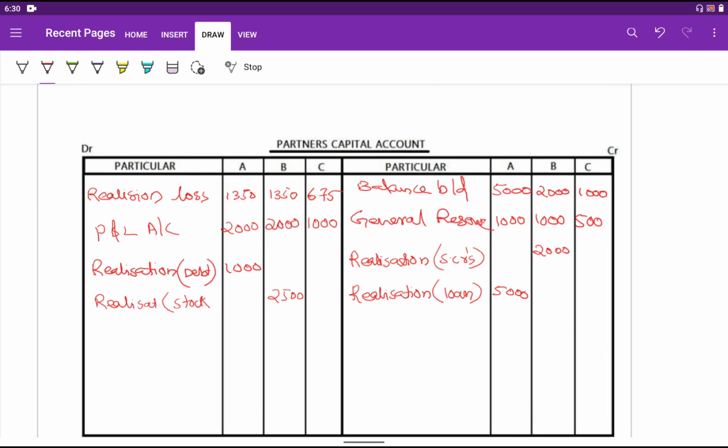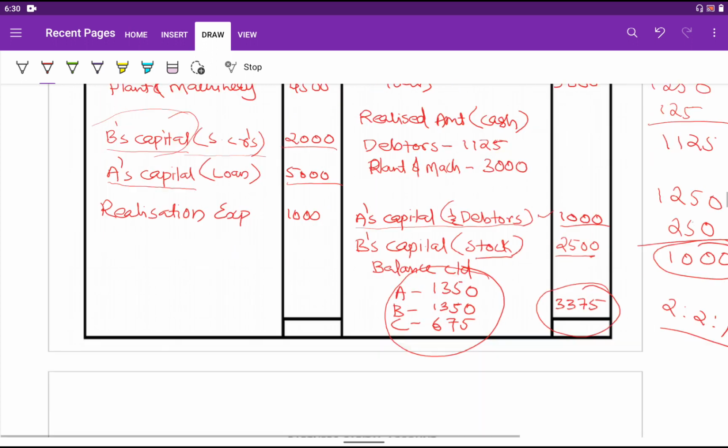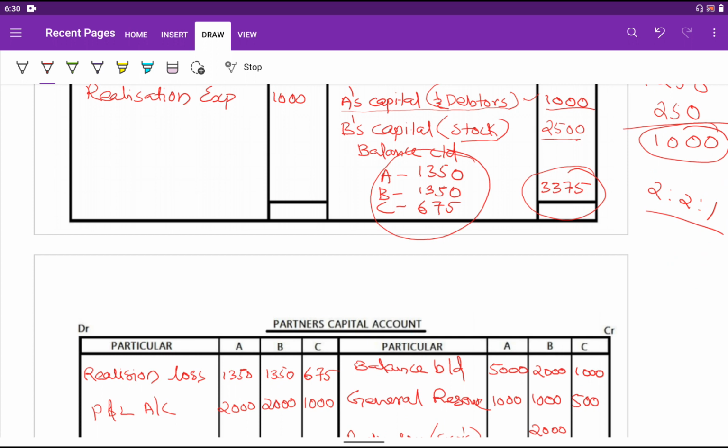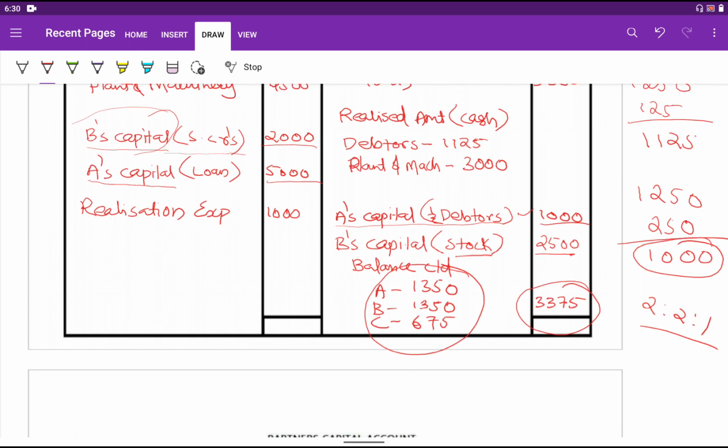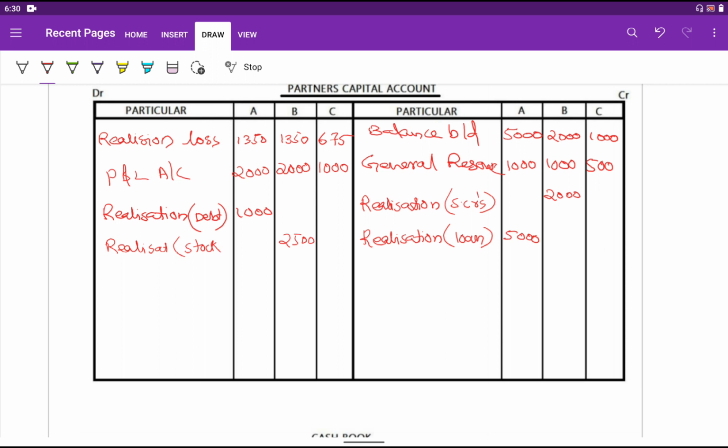So whatever came in the partners' names on the debit side, we write on the credit side, and whatever came in the partners' names on the credit side, we write on the debit side of the partners' capital accounts. Okay, so that is finished.